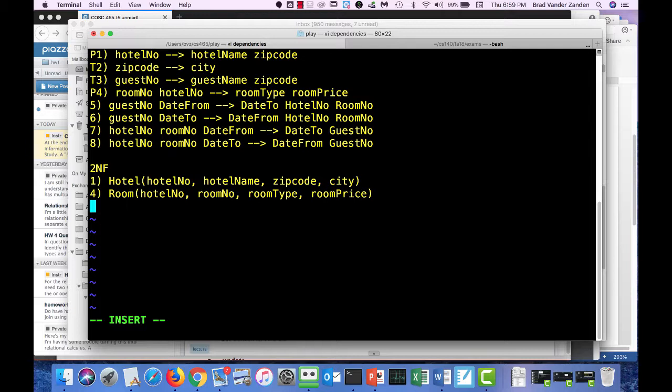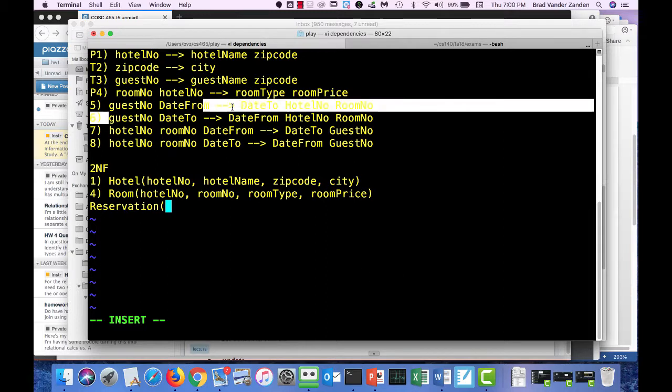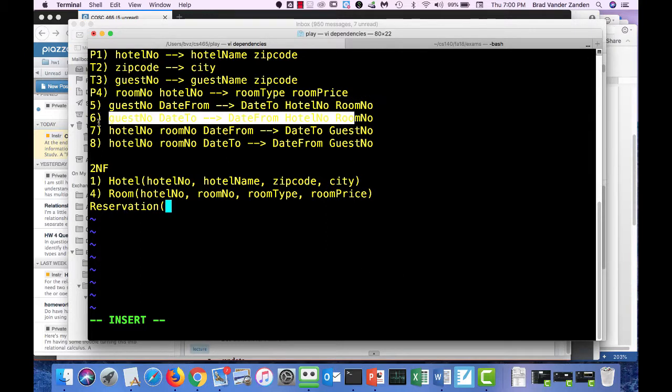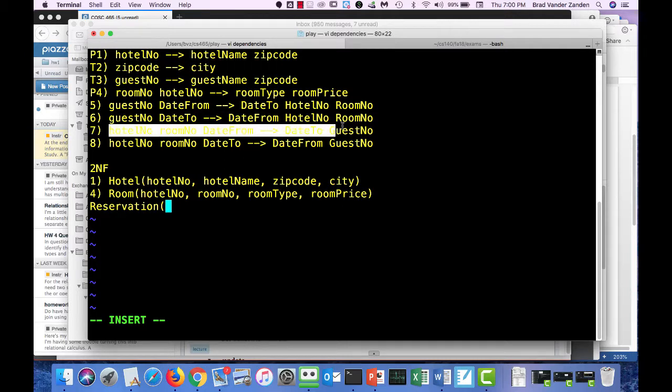And what I'm left with is the original universal relation, which was the reservations relation, with the right side attributes for the 2 partial dependencies removed. So what I have is reservation with all of the attributes from the functional dependency that involves the primary key.